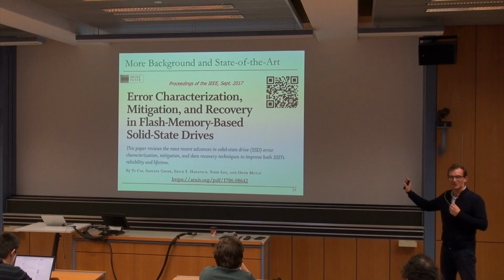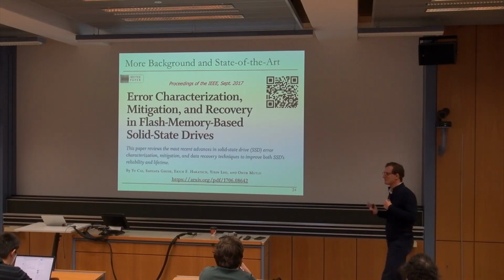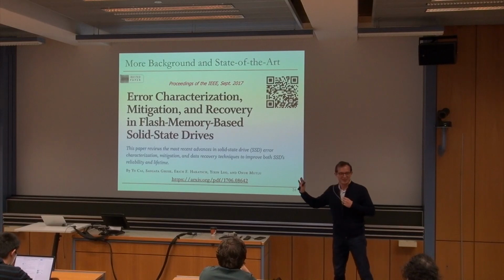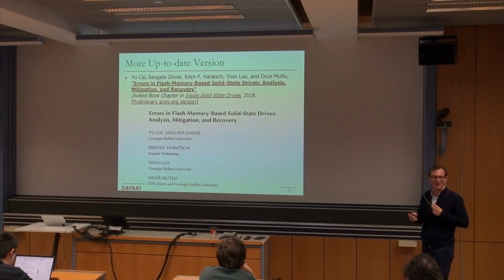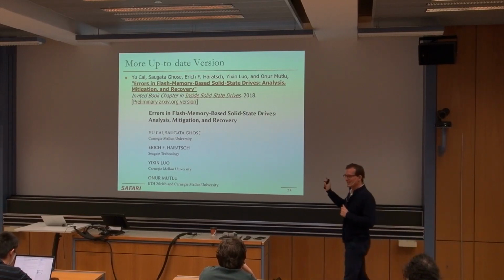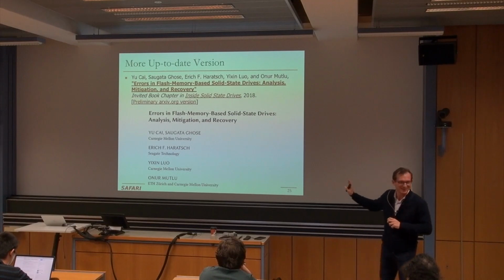So this is really the state-of-the-art summary. I'm very proud of it. And it's about 40 pages or so, I think. But of course, after we wrote it, we know that it was obsolete at the moment, and then we wrote the more up-to-date version, which is also obsolete at the moment, but at least it's the most up-to-date version that's out there right now.